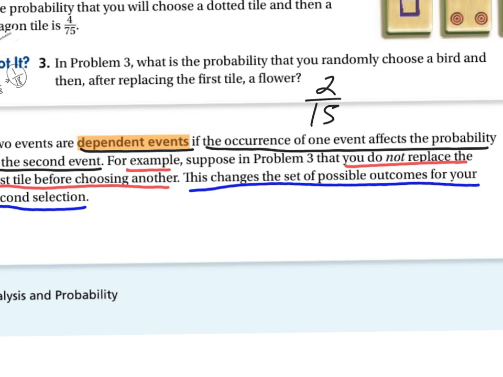Chance of picking a flower, after we put that one back in, there's 1 flower out of 15 if we put the first one back in. And then we're going to multiply those together. So that comes out to 2 out of 225. And again, we could divide it out if we're interested. It would be maybe 1% chance, slightly under that, if we work that out.